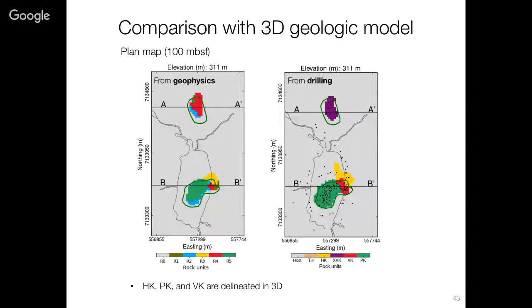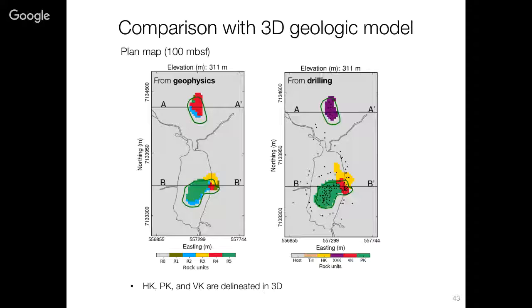It's the one that's diamondiferous, actually. And then the VK is sitting up here, the XVK is sitting up here, and the HK is in the yellow. So we see we've actually got a nice correspondence here, particularly between the HK units, the VK units and the PK units.